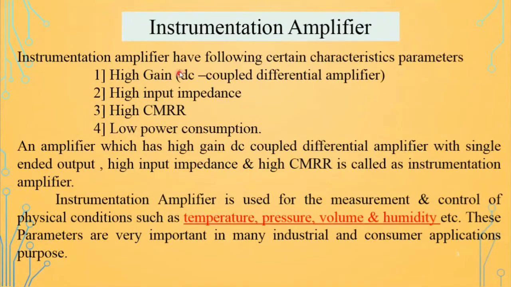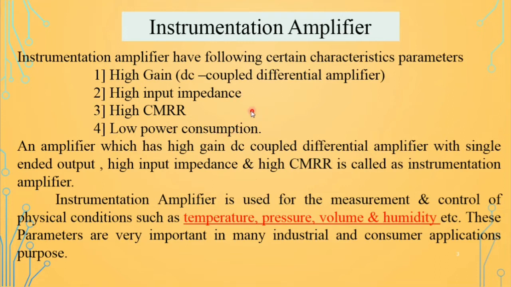So here we are going to discuss the very important application of operational amplifier, that is instrumentation amplifier. The instrumentation amplifier has the following characteristic parameters: high gain, high input impedance. Impedance means resistance, so we can say it has very high input resistance, high common mode rejection ratio and low power consumption.